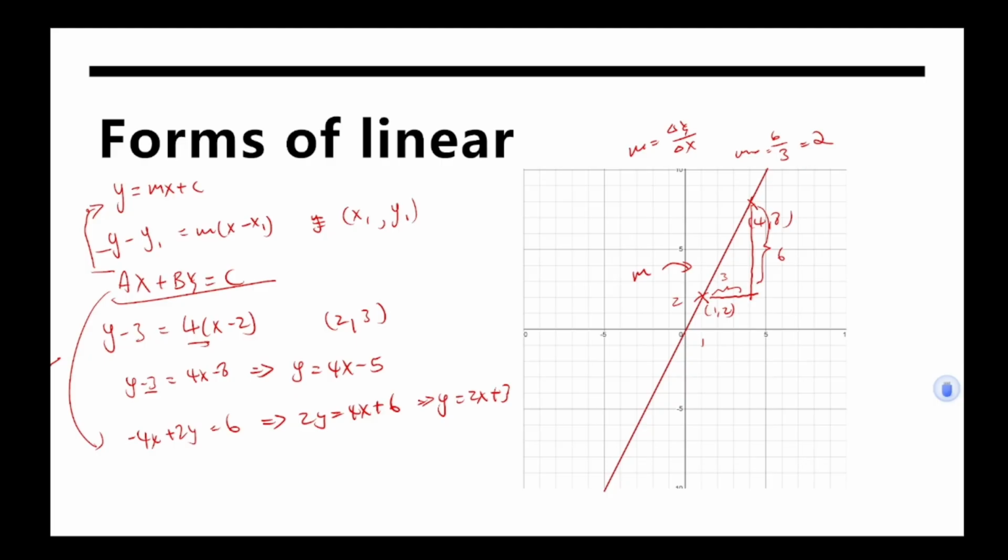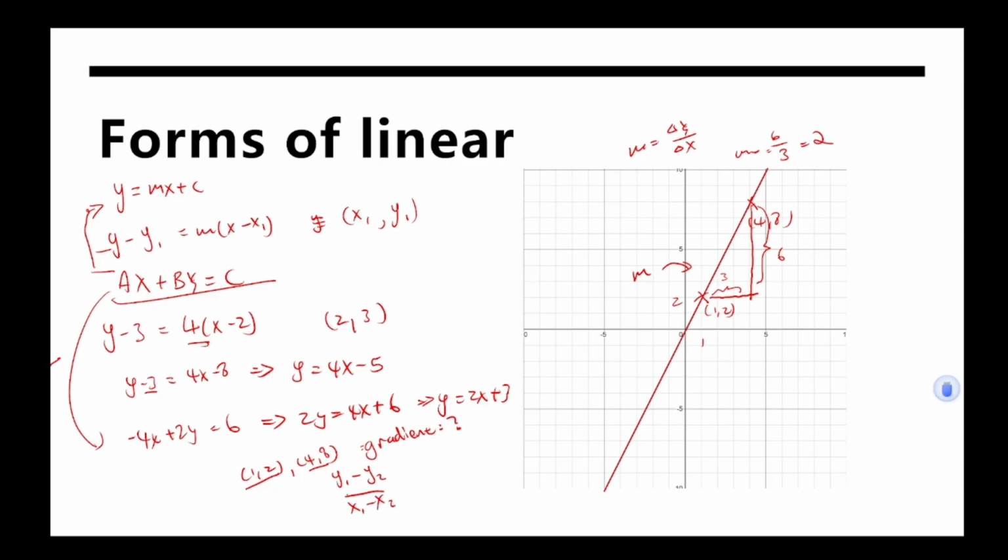Well, what if we're just given points? For example, we're given 1, 2, and 4, 8. And we want to know the gradient. So what we do is we pick 1 point and we minus the other point. So an equation would be y1 minus y2 over x1 minus x2.